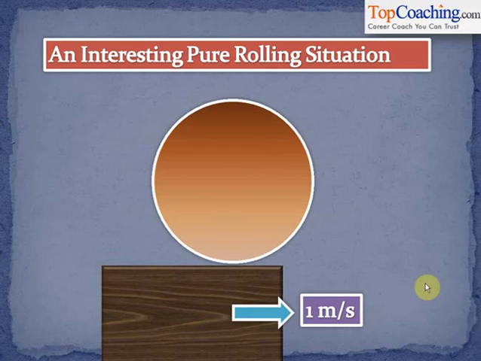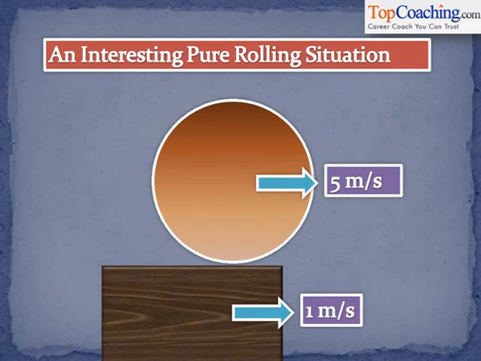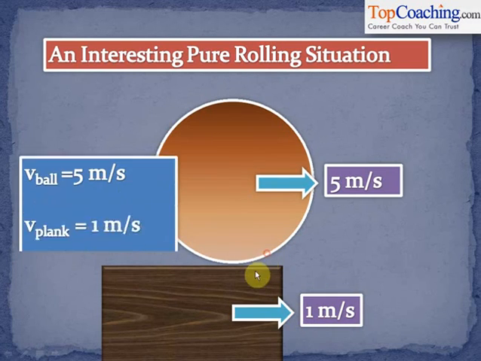In this case, pure rolling will be said to occur when the bottommost portion of the wheel moves to the right with 1 meter per second. Understood? So that the relative velocity of the bottommost portion of the wheel with respect to the plank is 0. In this case, v might not be equal to omega r. In fact, v minus omega r will be equal to 1 meter per second in this case.